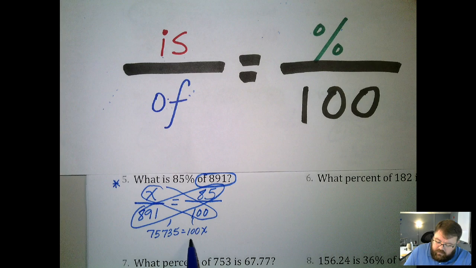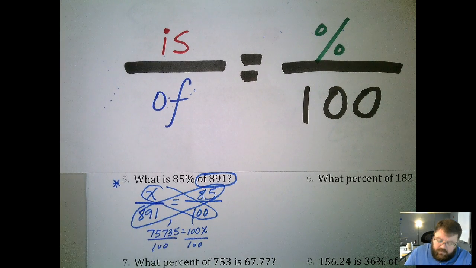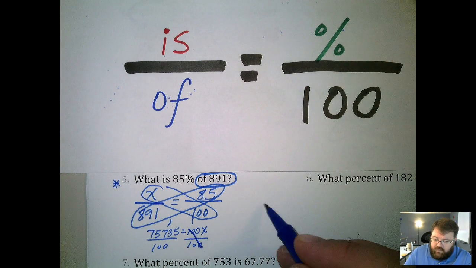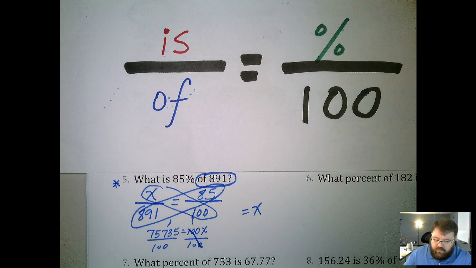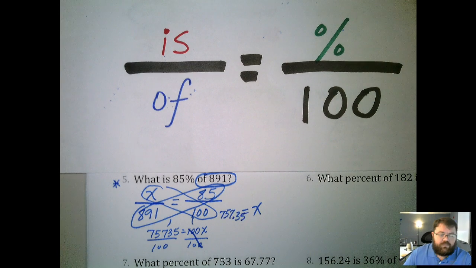And you divided both by 100. 100 divided by 100 is 1. Leaves you with x equals. So it'd be 757 and 35 hundredths. Should have been your answer.